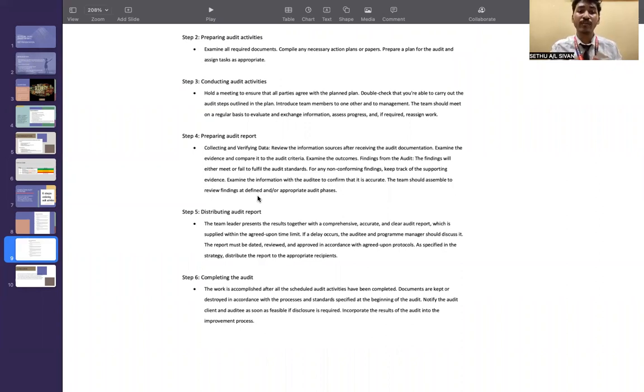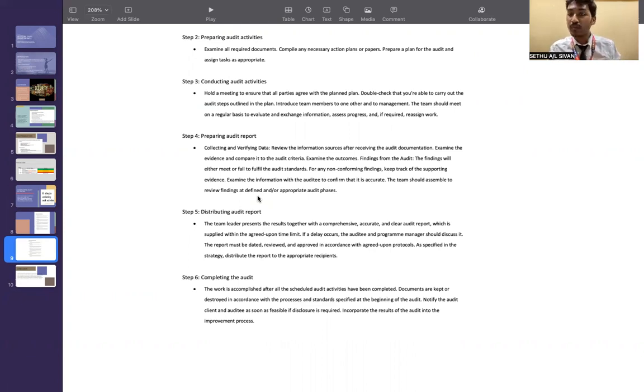So collect all verifying data, review the information sources, and after receiving the audit documentation, examine the evidence and compare it to the audit criteria. Examine the outcomes. Even though the auditing was done, we should always examine the outcomes. Findings from the audit will either meet or fail to fulfill the audit standards.